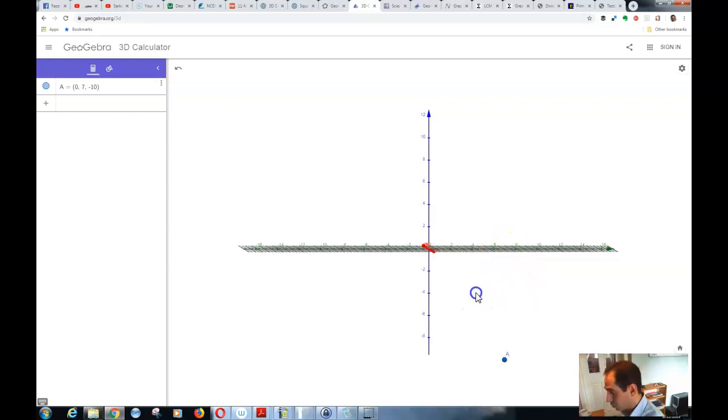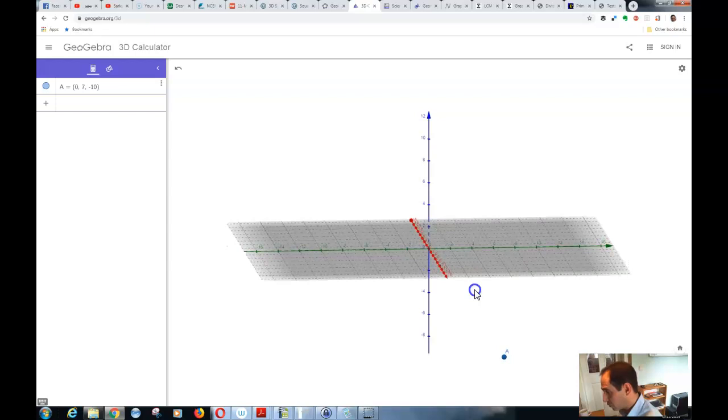Looking at this graph, there is no way for me to know whether I'm in the fifth octant or the sixth octant. But since both x and y are positive, that means that I am actually in the fifth octant. But it would be nice if I could see in which octant I was. That's not possible to see here either, and that is all because of the way that this thing has been programmed.